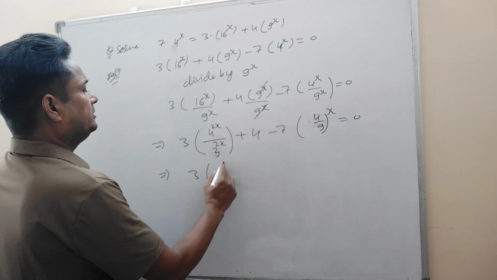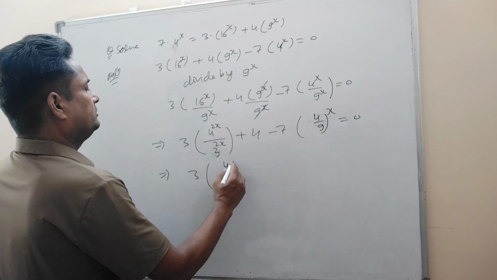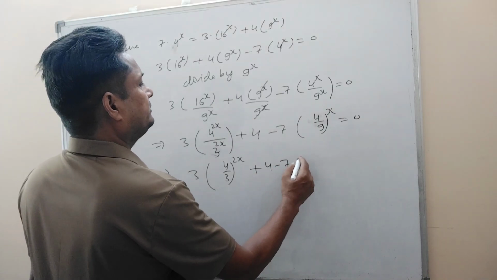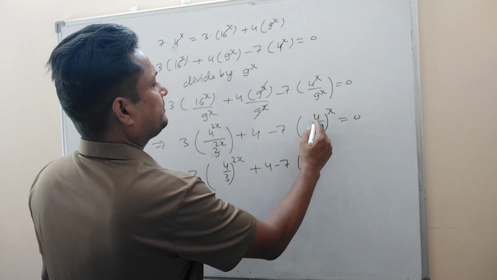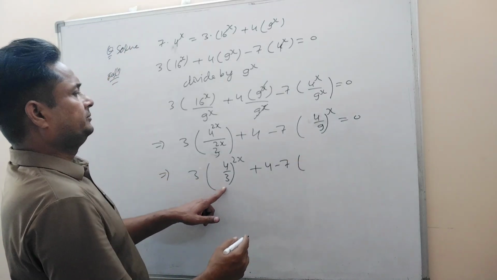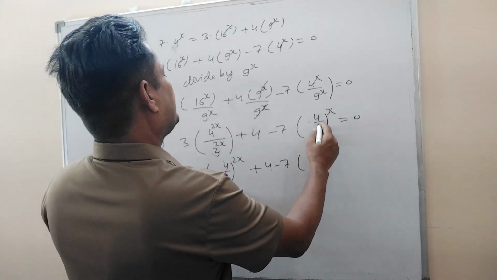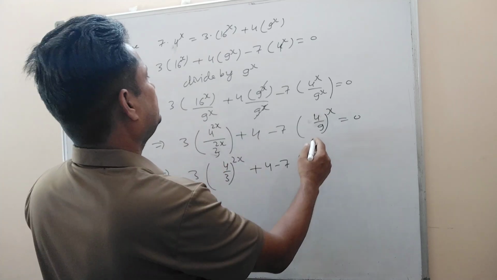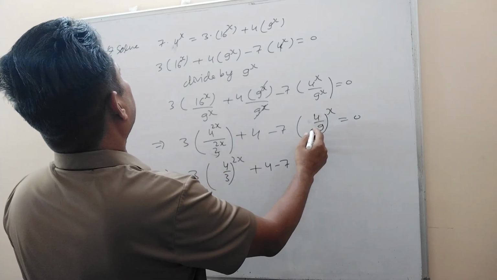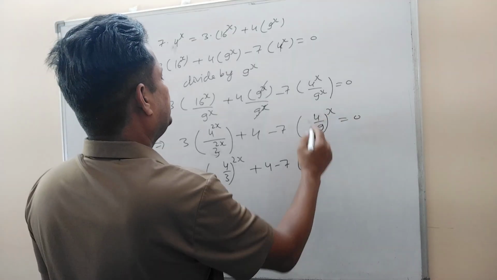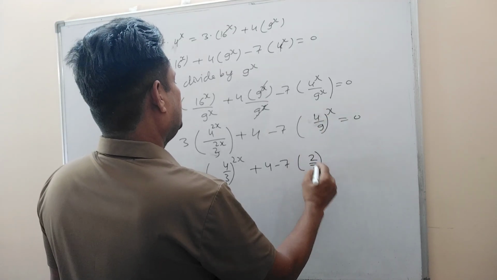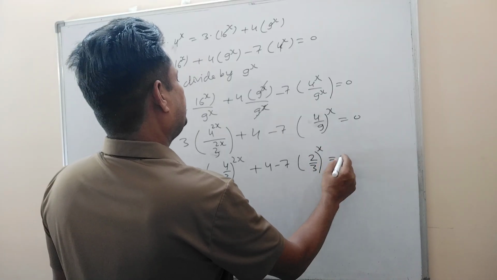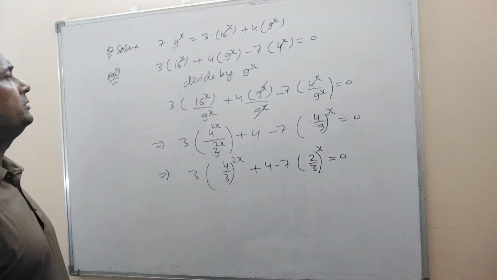Now this can be written as 4 by 3 to the power 2x plus 4 minus 7. This is what? This can be written as 4 by 3 to the power x and this is 4 by 9, 2 by 3 to the power x is equal to 0.